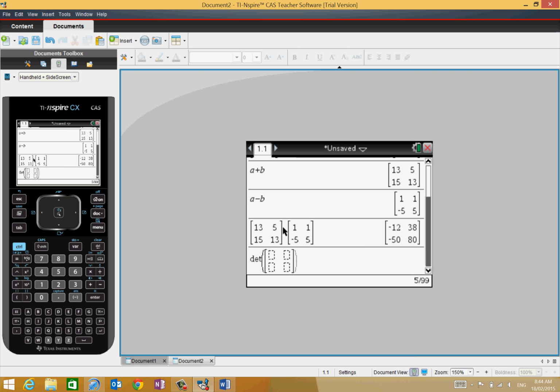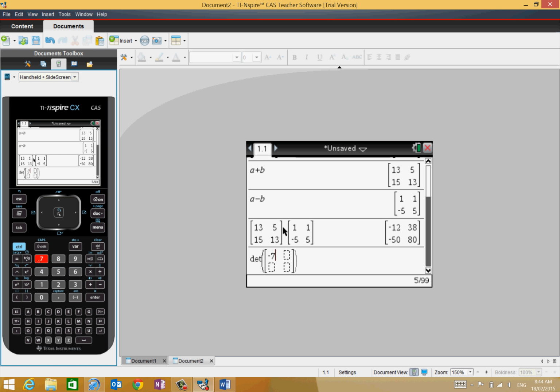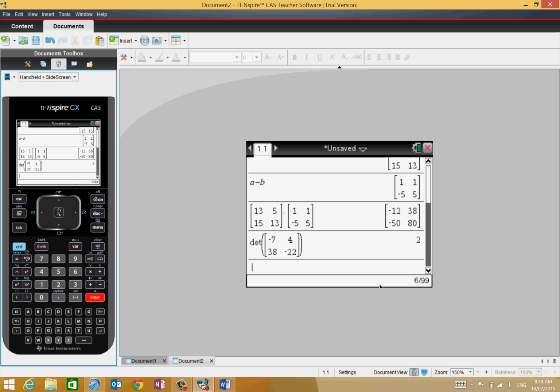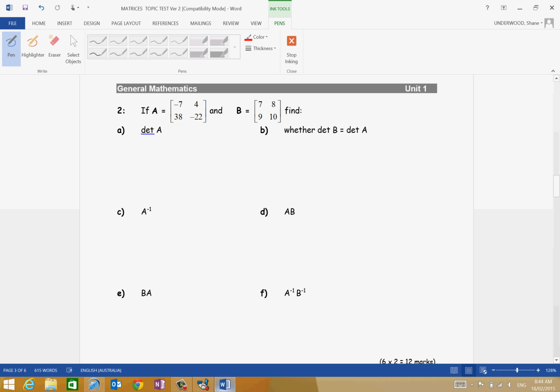We had negative 7, 4, 38 and negative 22. Now you could do that if you like. And you can work out that the determinant is 2. But I'm going to do it by hand.